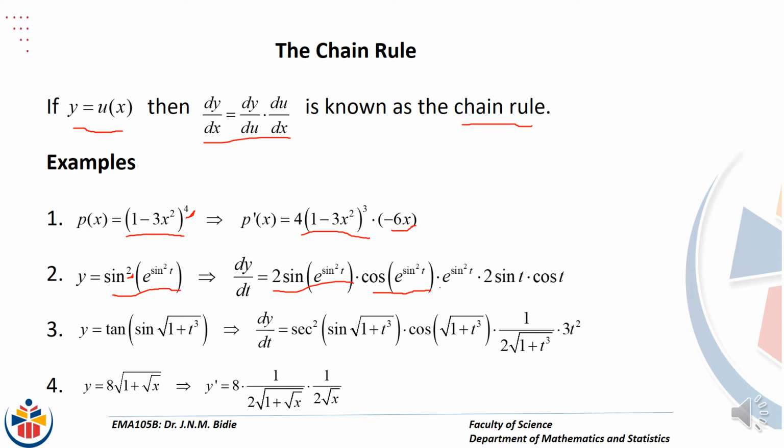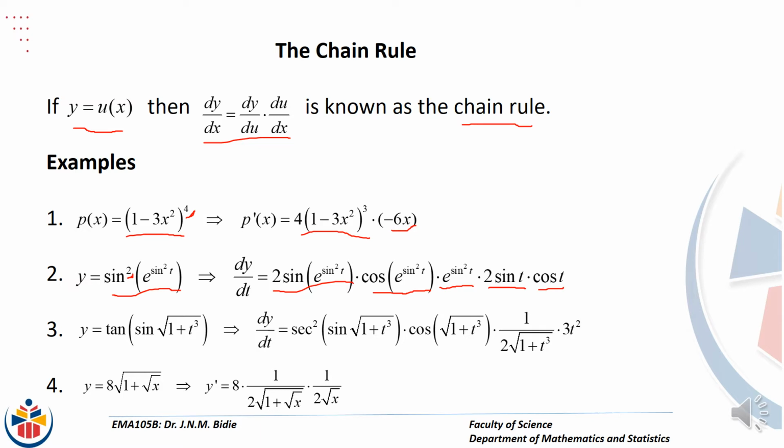That's what we get here, e to the power sine squared t, multiplied by the derivative of the power of e, which was sine squared t, and it gives us 2 sine t, because we have to first differentiate the power. Chain rule requires us to first differentiate the outer function. So we've got 2 sine t multiplied by the derivative of sine t, which is cos t.